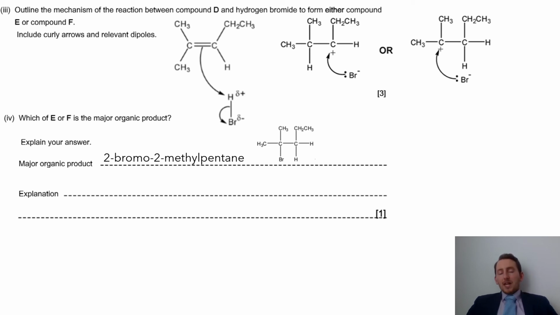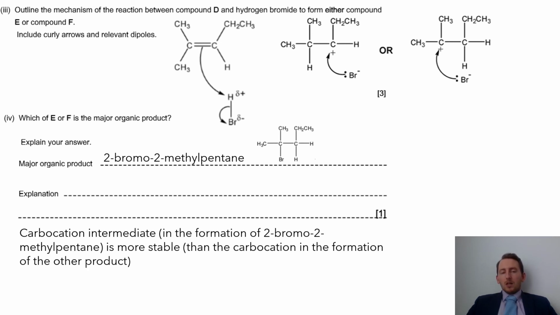The explanation as to why is down to the intermediate. The intermediate in our mechanism on the right-hand side is a more stable intermediate because of those methyl groups on the carbon there. The more stable intermediate is the one we're going to form most of the time, because we like stability. Stability is the key thing. So that carbocation is more stable. That's your answer, simple there.